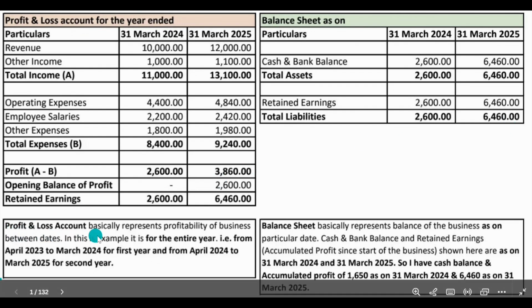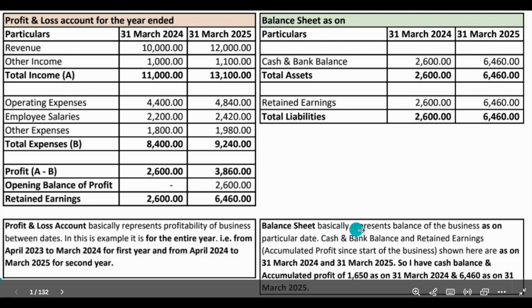Thus the profit and loss account basically represents the profitability of the business between dates. In this example, it is for the entire year, that is from April 23 to March 24 for the first year and from April 24 to March 25 for the second year.